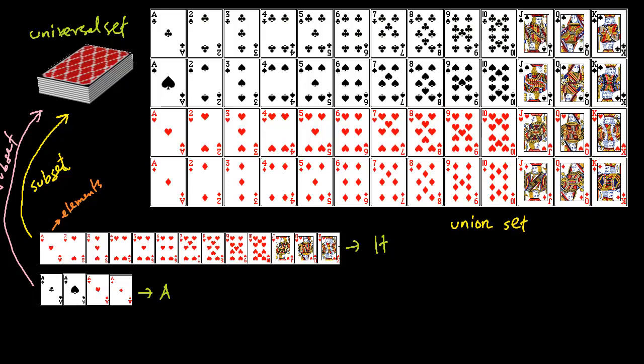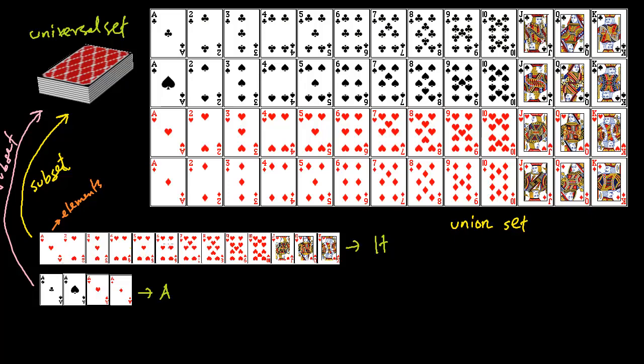There are 13 cards here, and there are 4, so altogether there should be 17, but we don't want to take something that is common. There is the ace of hearts in both, so these are common, so we'll take one item, we will not take common items. So that makes it 13, 14, 15, 16. So that would be the union set.